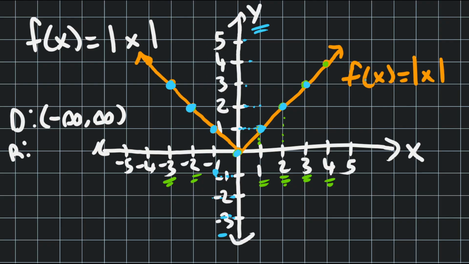And that makes sense, taking a look at it. The absolute value of a number is always positive. It can't be negative. It's always 0 or a positive number. So the range, just by looking at this graph, is including 0 to positive infinity. That's the range of f of x in this case.